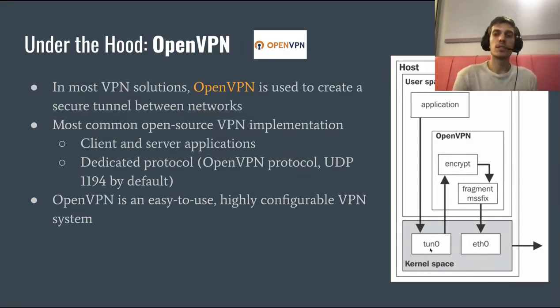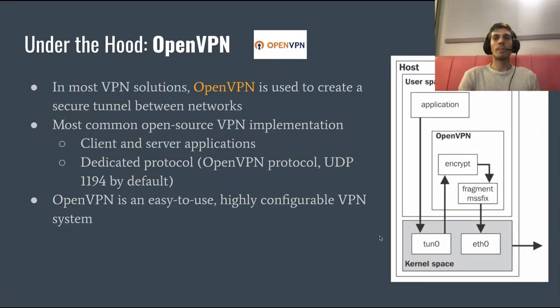And this TAP0 redirects the traffic through an OpenVPN instance, in which OpenVPN adds these layers of different headers and also encrypts the internal data, and then sends it through the real interface. And now the packet is encrypted and goes through the VPN tunnel.